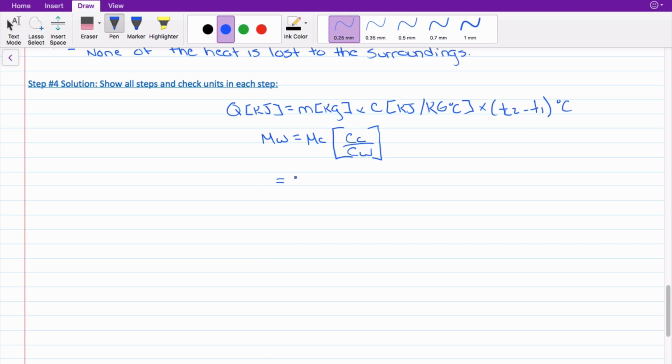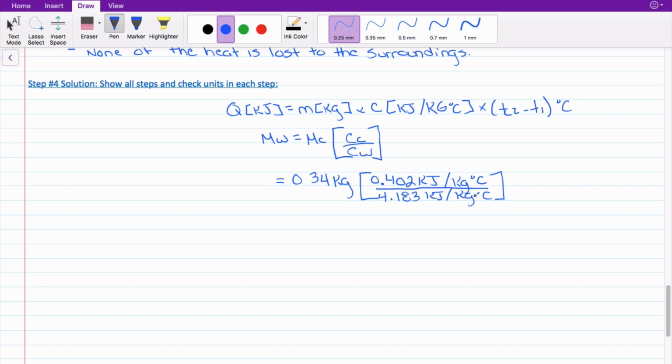The mass of our cobalt was 0.34 kilograms. The specific heat of cobalt was 0.402 kilojoules per kilogram Celsius divided by the specific heat of water, which is 4.183 kilojoules per kilogram Celsius.